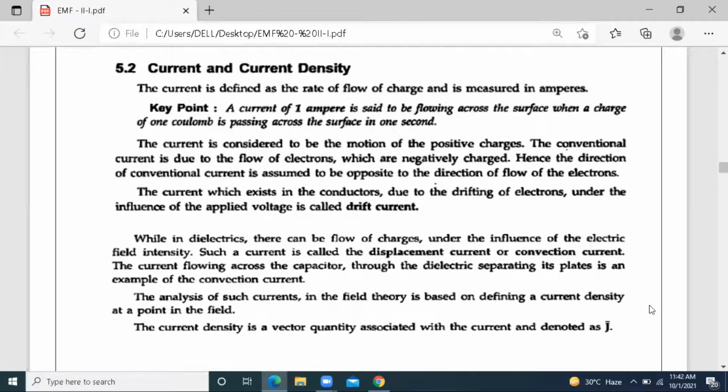So somehow the electrons have to cross the insulator, whatever dielectric you have between the two plates. Right? Yes, sir. So if the electrons move across, that's a current.